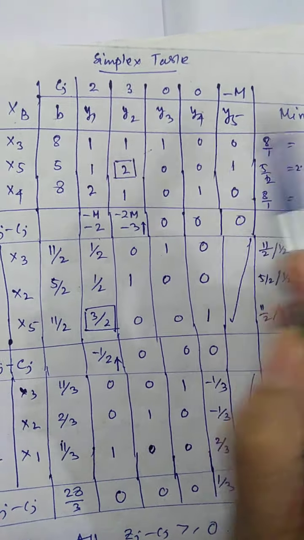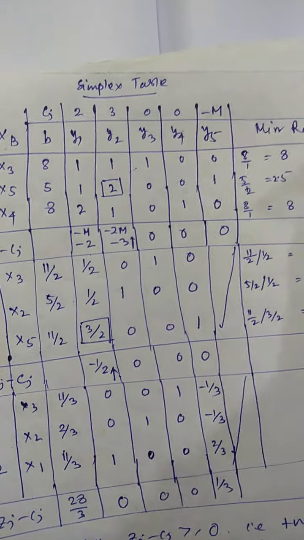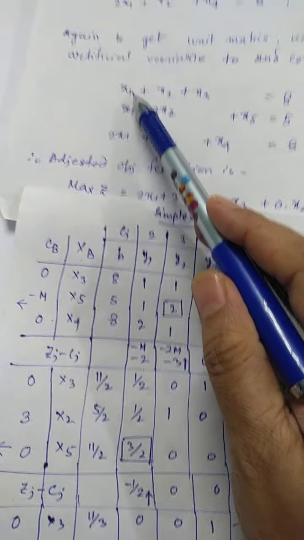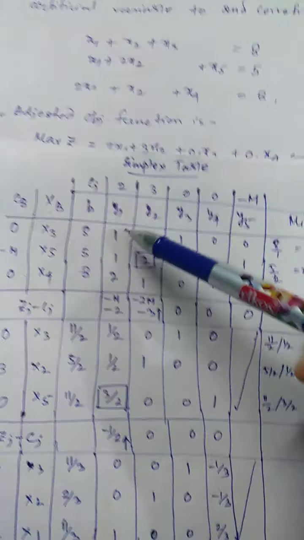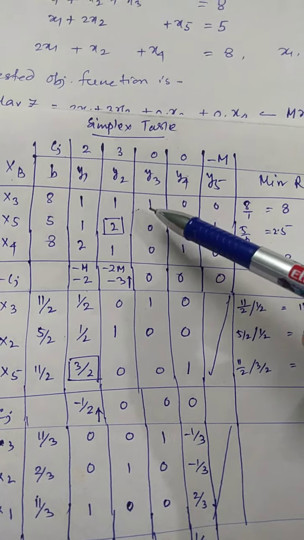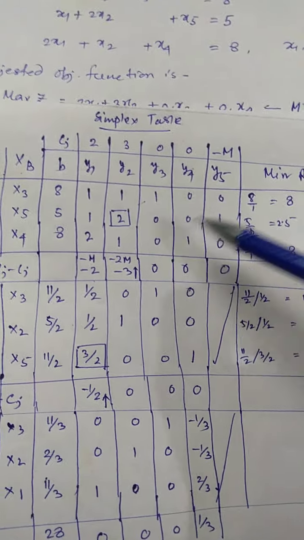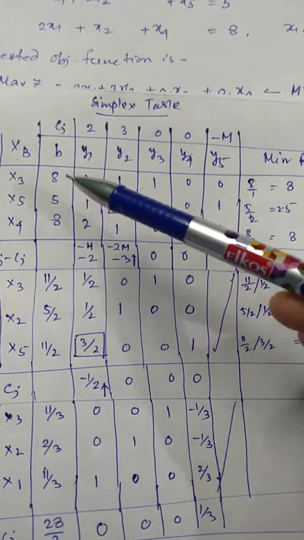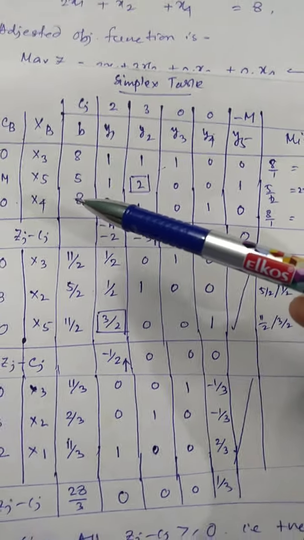First we put the matrix in the table. The first coefficients are 1 1 2, then the second 1 2 1. Coefficient of Y3 is 1 0 0, Y4 is 0 0 1, Y5 is 0 1 0. Next we complete the right hand vector, that is 8 5 8.